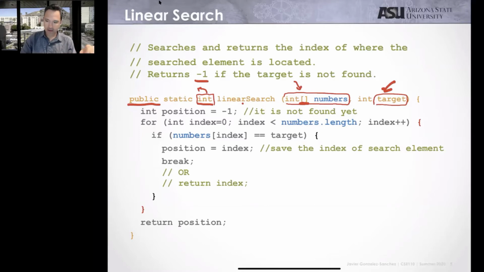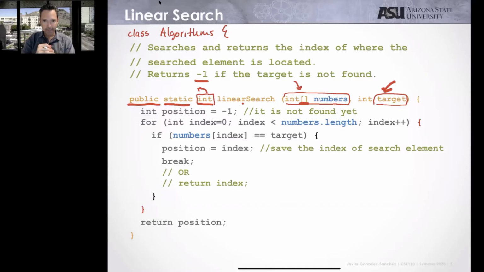Moreover, I make this one static. If I told you that I put this method in a class Algorithms, can you imagine what I need to do in order to call this method from the main in your programs?